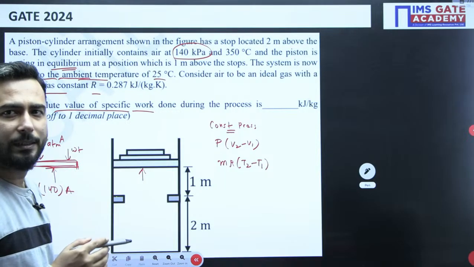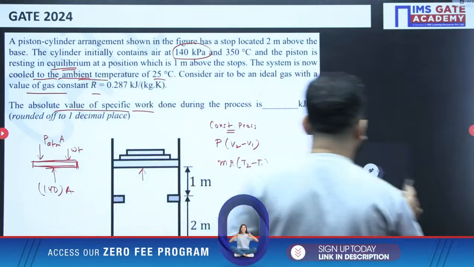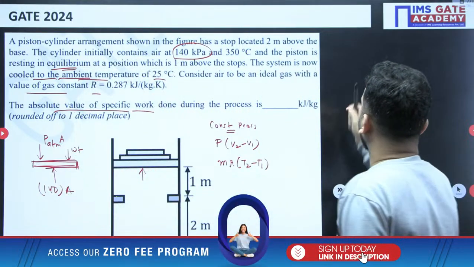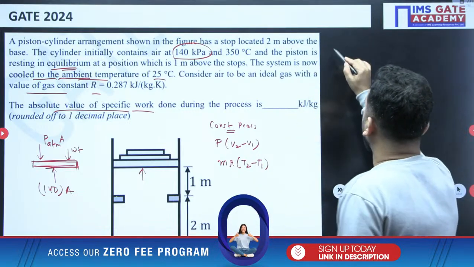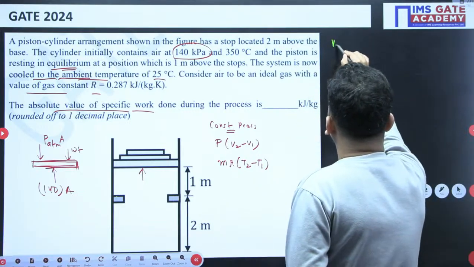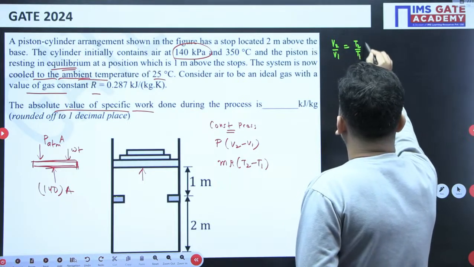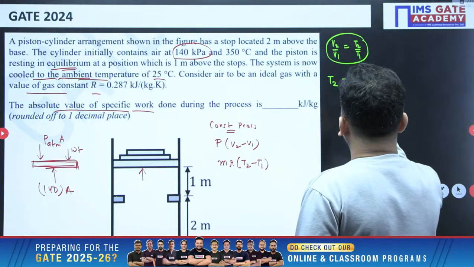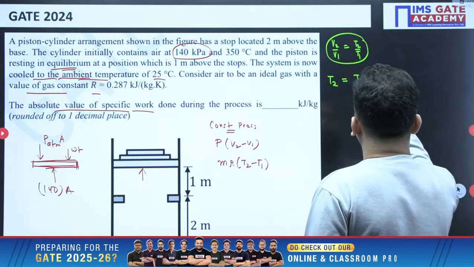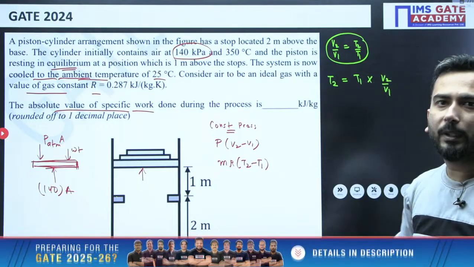So my dear friends, constant pressure, ideal gas is there, so always you should remember the equations. What I can apply for ideal gas is V2 by V1 is equal to T2 by T1. So I need to calculate T2 value, that is T1 into V2 by V1, right?